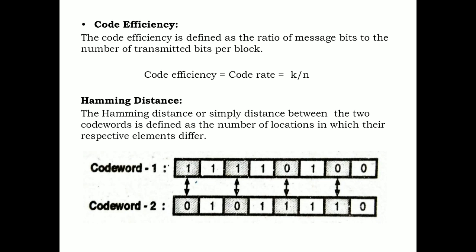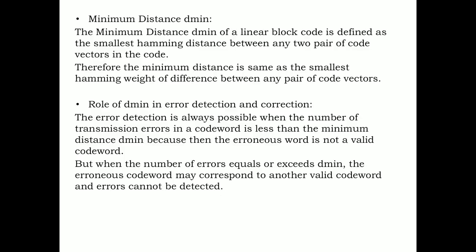Next is Hamming distance. The Hamming distance or simply distance between the two code words is defined as the number of locations in which their respective elements differ, as shown in the below diagram. Minimum distance d min. The minimum distance of a linear block code is defined as the smallest Hamming distance between any pair of code vectors in the code.